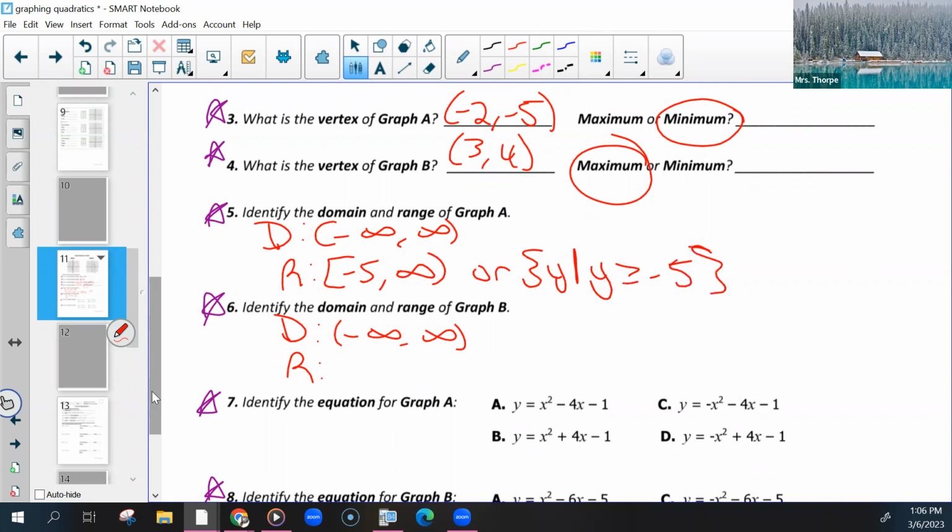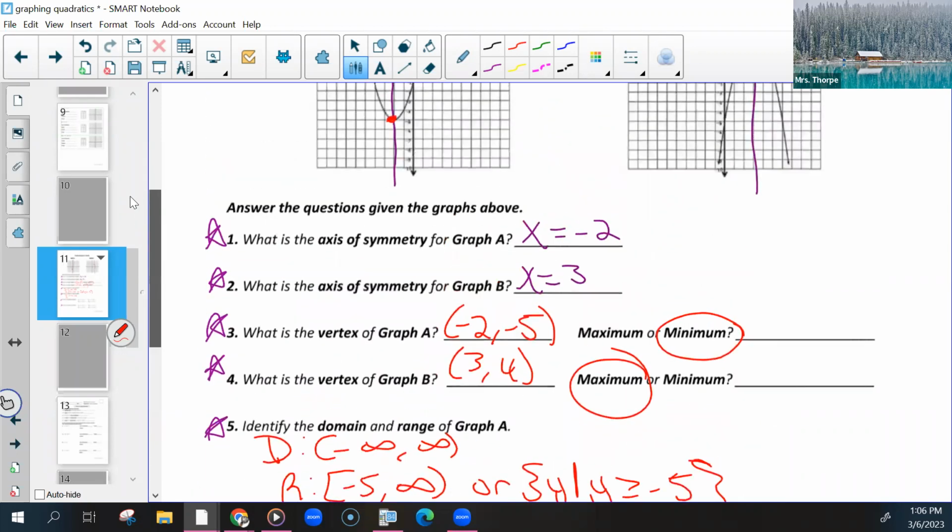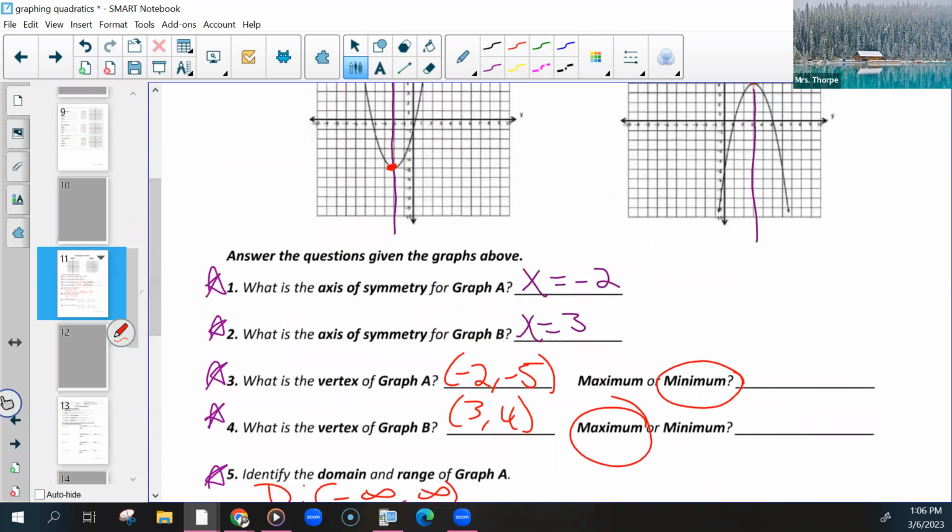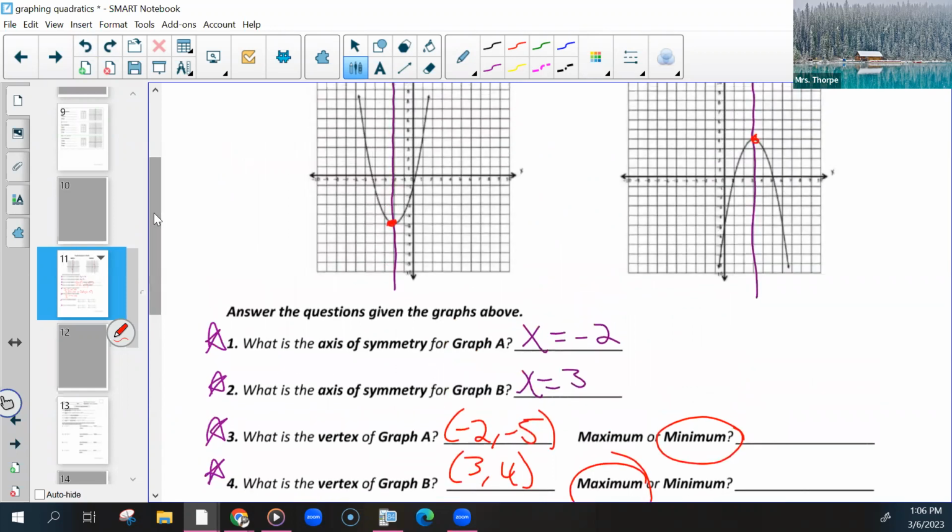And then lowest and highest points of graph B. So what's the lowest point? Is either of those the lowest one? Would it be negative infinity? That's your lowest, then 4 is your highest.